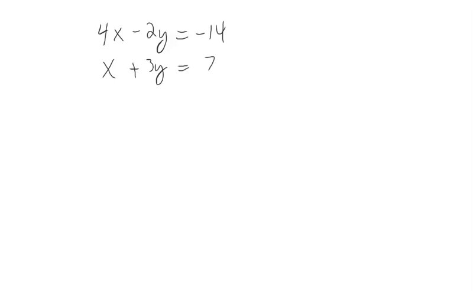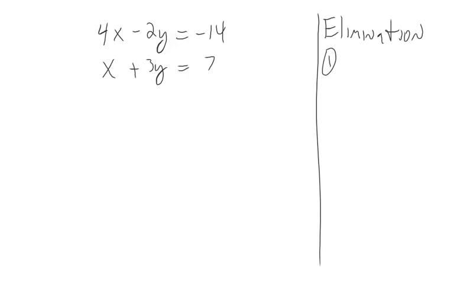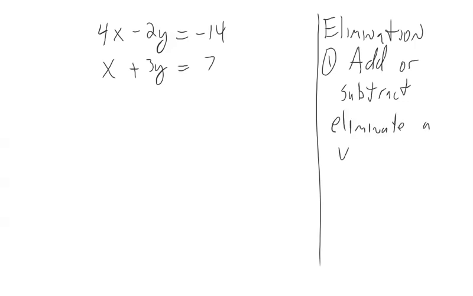So this is the elimination method. So step 1, you can either add or subtract the two equations to eliminate a variable.